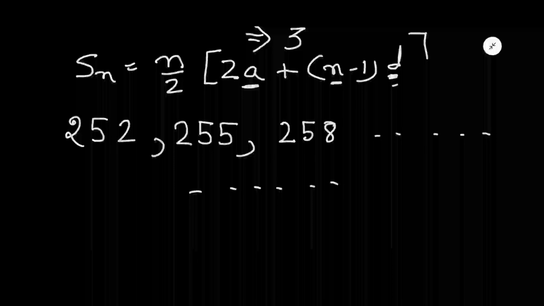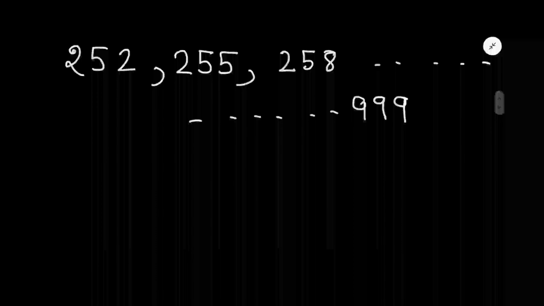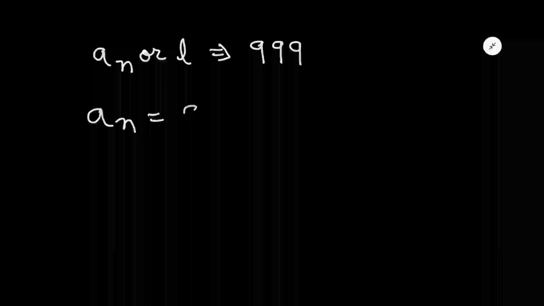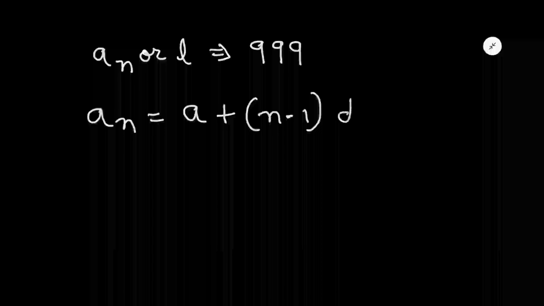So you can see 999 is exactly divisible by 3. So our nth term or the last term is 999. Our formula for the nth term is a plus (n minus 1)d. We know that the nth term is 999.